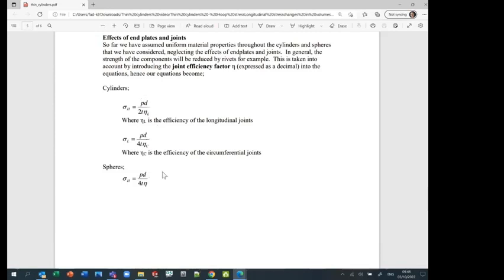We haven't been considering the manufacturing at all. But if you consider manufacturing, you must consider the efficiency of the longitudinal joint when you're considering the hoop stress. You must consider the efficiency of the circumferential joint when you're dealing with the longitudinal stresses. And with our sphere, we must consider obviously the efficiency of the joint when we're considering our hoop stress, the stress on the surface of the sphere.